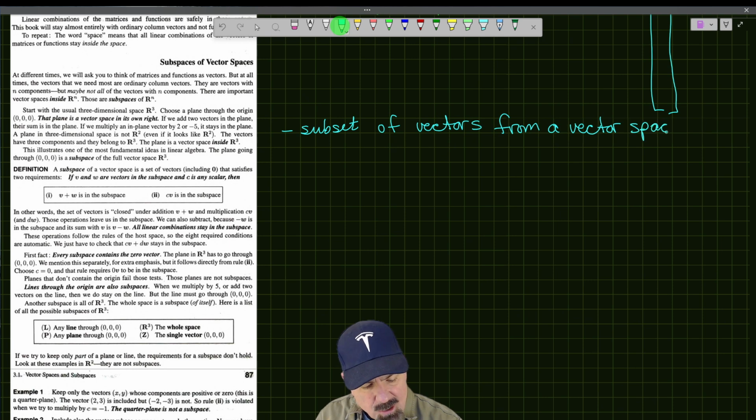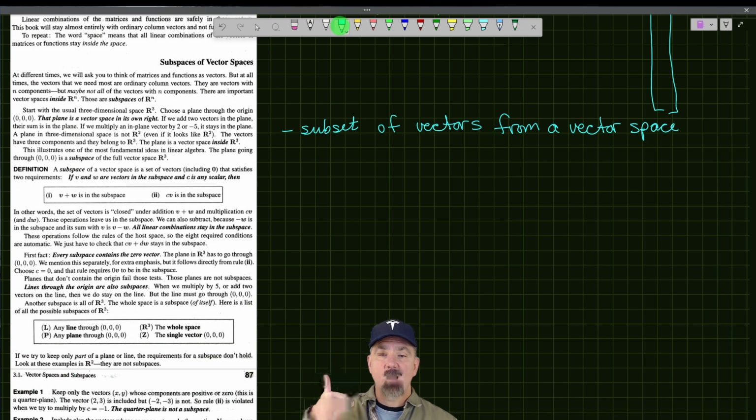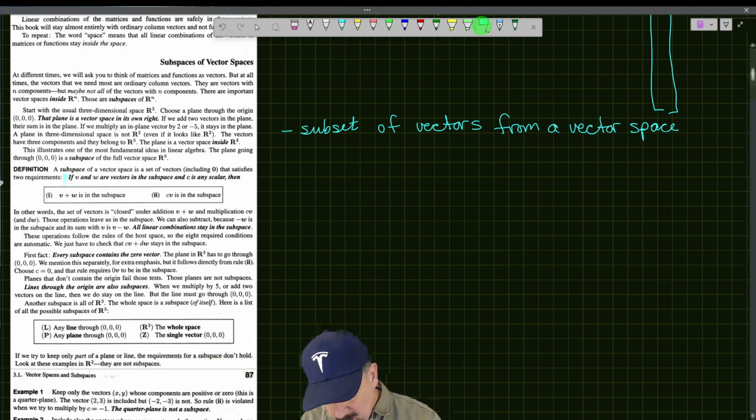So that is going to mean that I've already defined what scalar multiplication is, and I've defined how I add vectors together. Those are two things that are up for definition, and those are already set by the parent vector space. So I grab a subset of vectors, and then I'm going to check for closure.